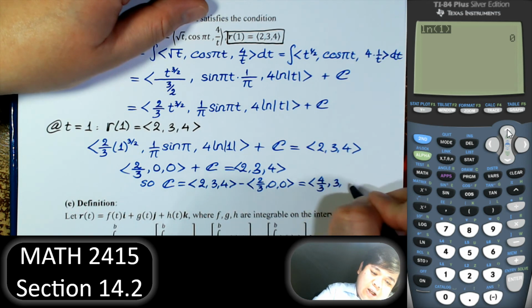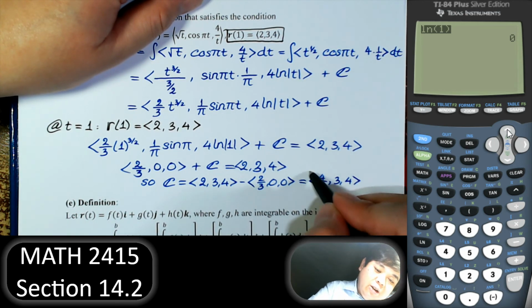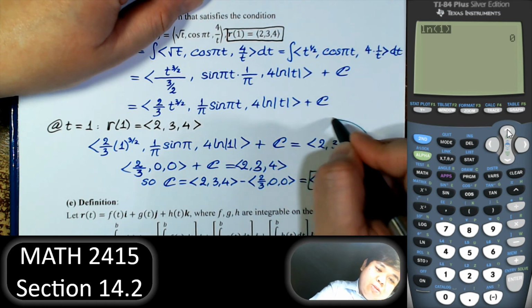So c is ⟨4/3, 3, 4⟩. Right. We found the vector constant. Just put it back into this.